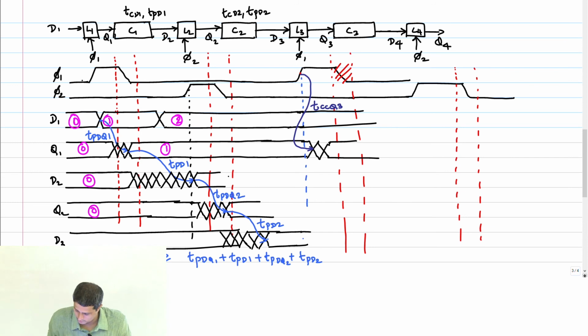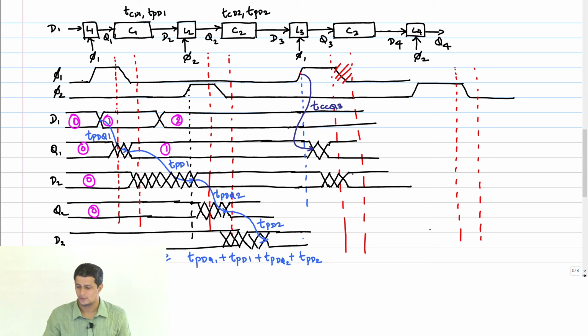From the earliest change of Q1 to D2, there is a delay of T C D 1.